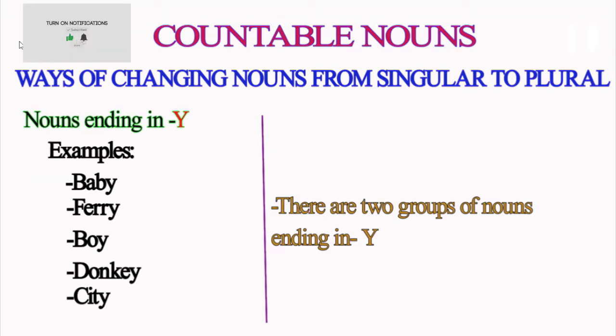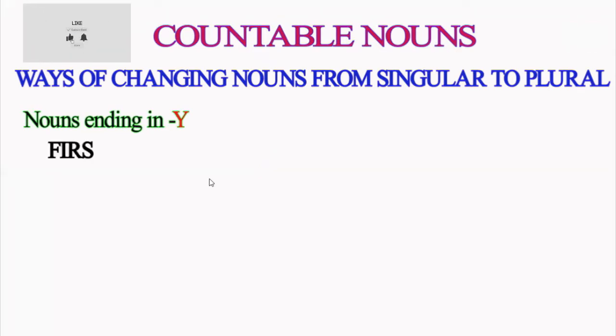In today's discussion, we are going to see one group after another. First group. Now, we said that nouns which end in Y are categorized into two groups, and that today we are going to see one group after another.